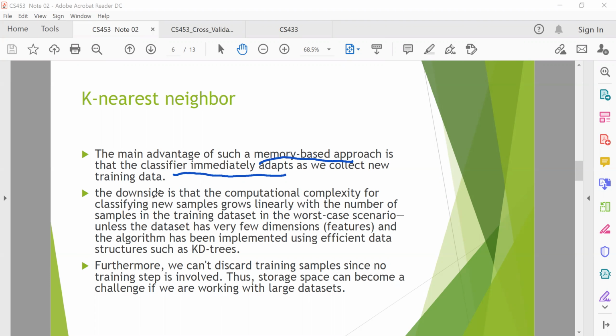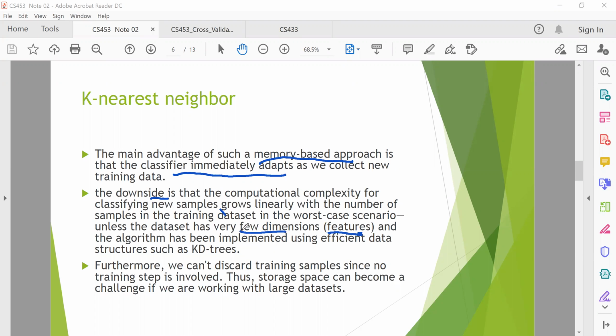And the downside for this memory-based approach is the computational complexity of classifying a new sample. It grows with the number of samples growing, and then the computational complexity is also growing. So it says in the worst scenario, unless the data has very few dimensions, that means few features.